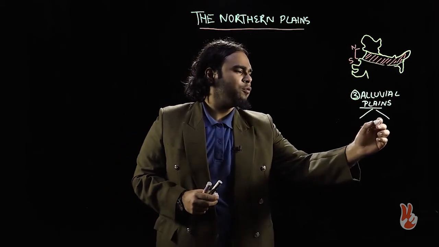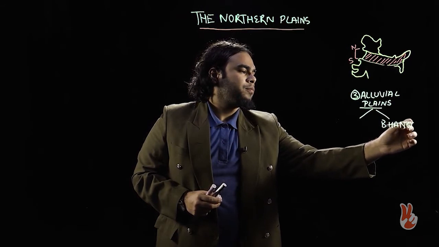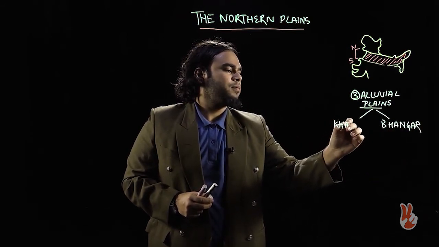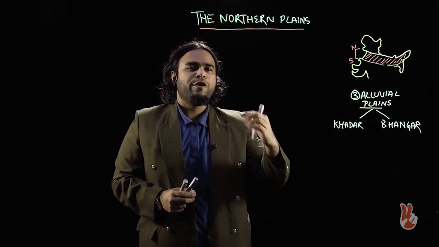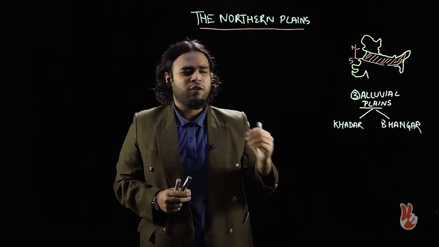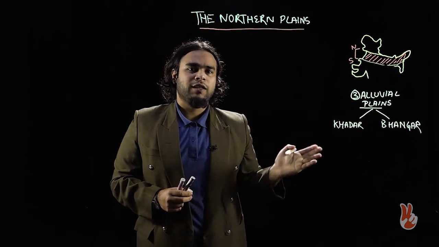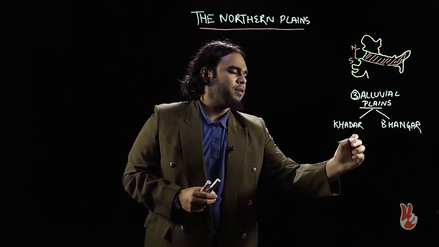Your first division will be your Bhangar, and the next important division is your Khadar. Okay, so if we divide these alluvial plains from north to south, the Bhangar is to the north, and then we'll have the Khadar, which is to the south of your Bhangar. Alright, so first we'll deal with Bhangar.